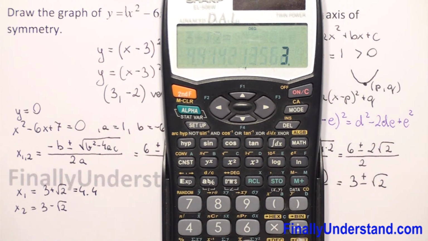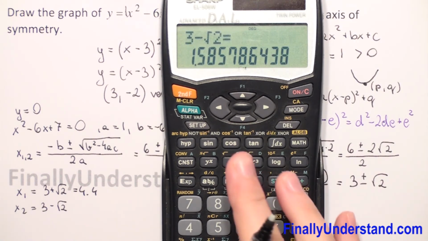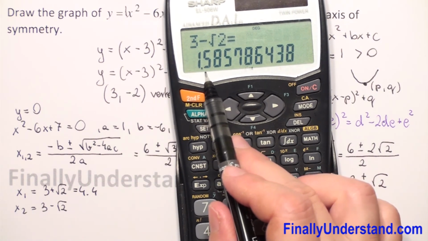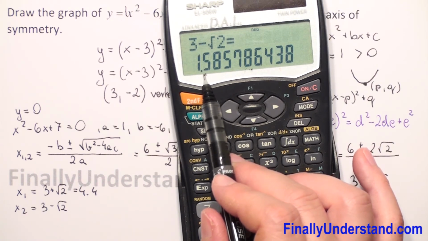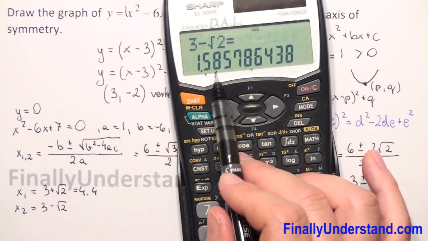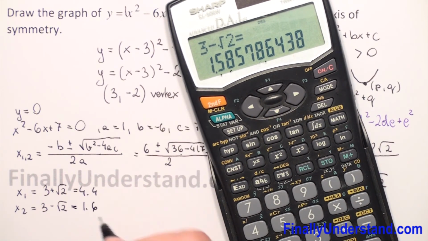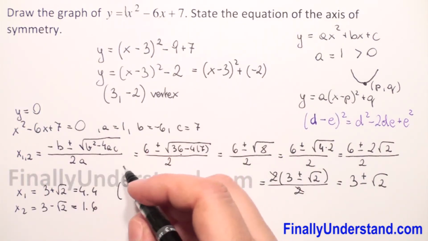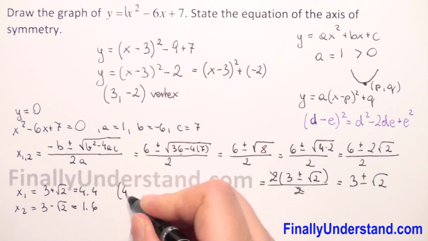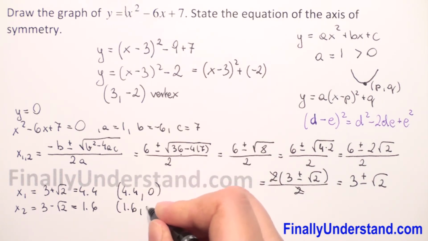And the second is 3 minus the square root of 2, so this is 1.58. Again we round to the first digit after the decimal point. We have to add 1 to 5, because after 5 comes 8, a number greater than 5, so it will be 1.6. So we have 2 points, where y is 0: the first is 4.4, 0, and the second point is 1.6 and 0.